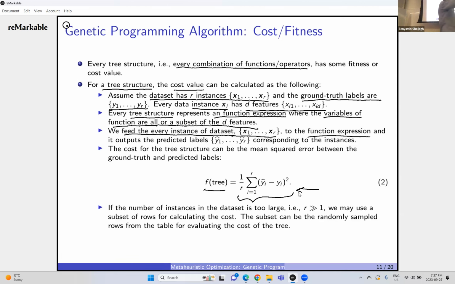For example, if my optimization variable was d-dimensional, all candidate solutions were d-dimensional. Here in genetic programming, they might have different dimensionalities. One of them might be a long tree, one a short tree, one a wide tree. The number of nodes might differ between the trees. So even the dimensionality of the optimization variables is different. That's very cool. Okay.